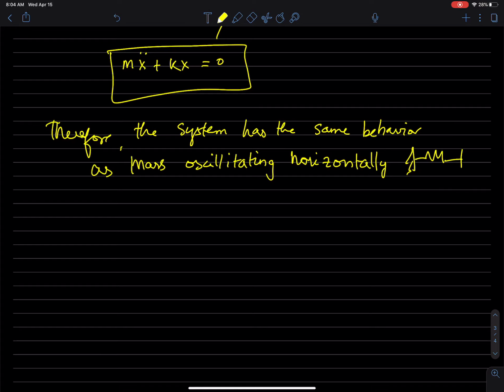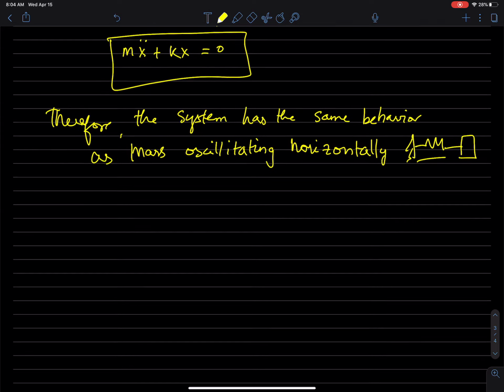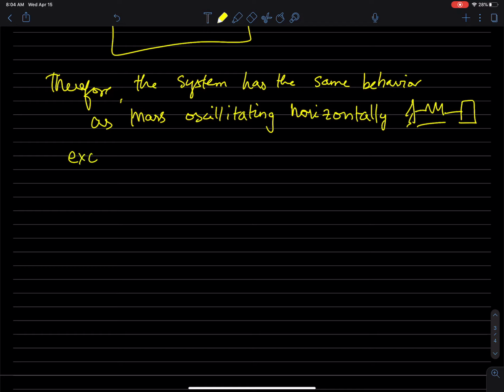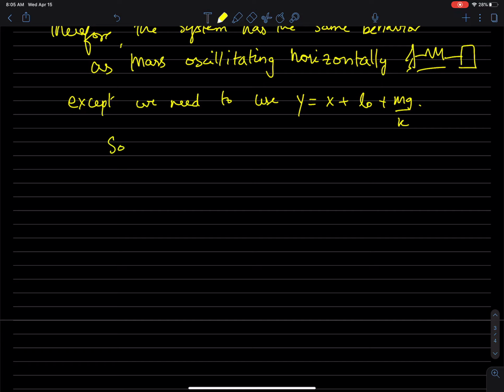So this problem, except we need to use y equals x plus L naught plus mg over k. Okay, so solve for x of t, and then y of t is just x of t plus L naught plus mg over k.